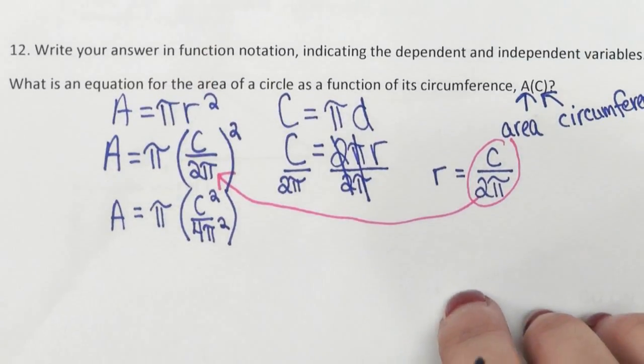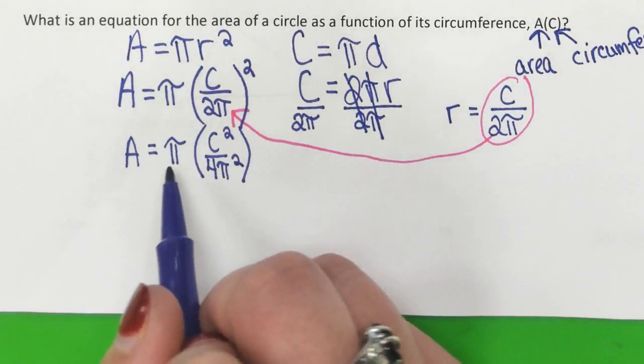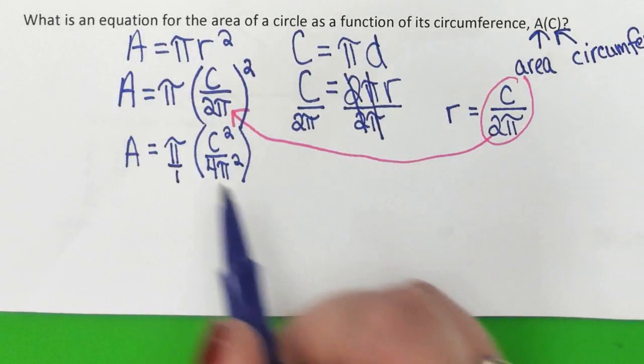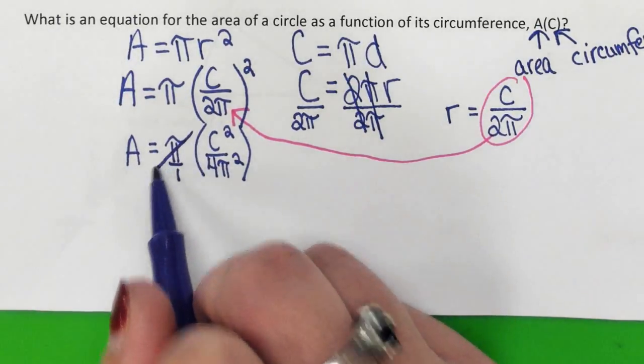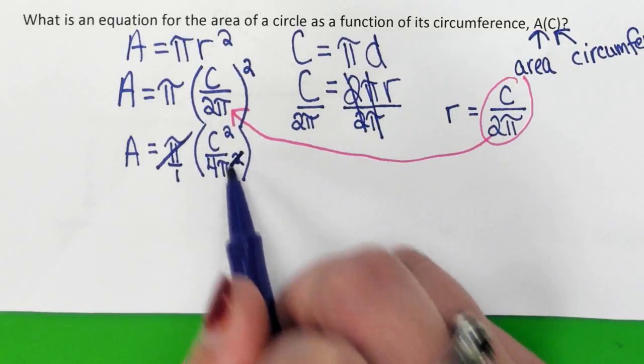Y'all okay so far? Do you see anything that will cancel? The pi. This pi is over 1, right? So this one will cancel with one of them down here.